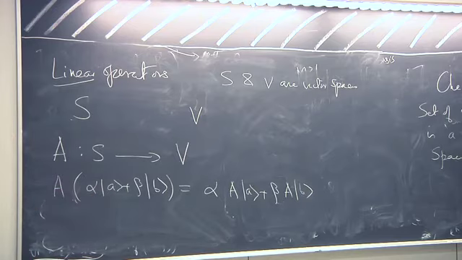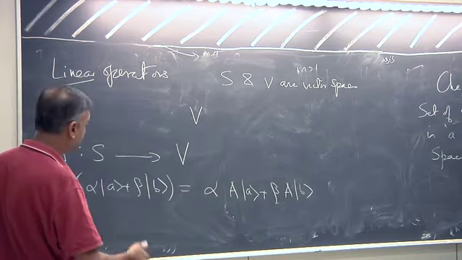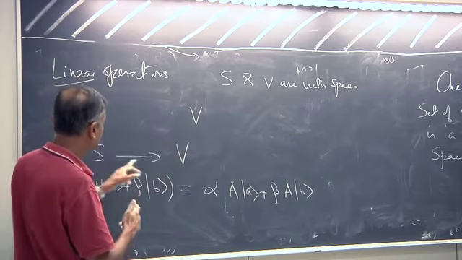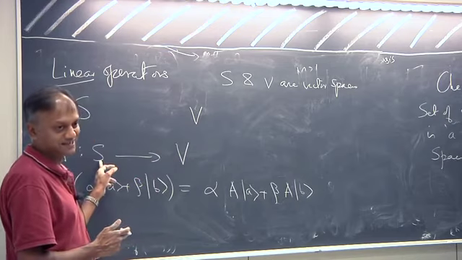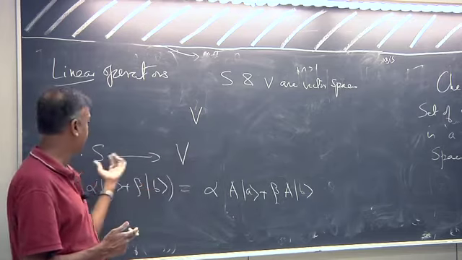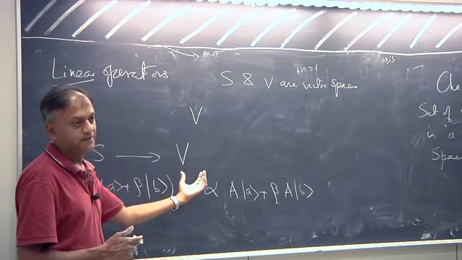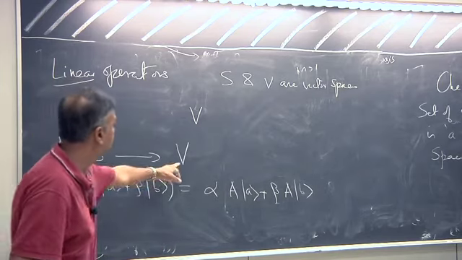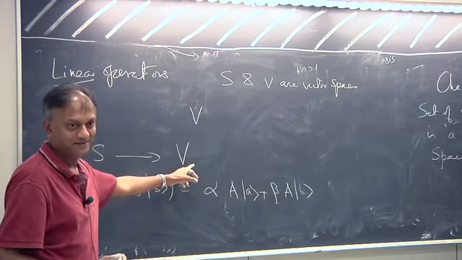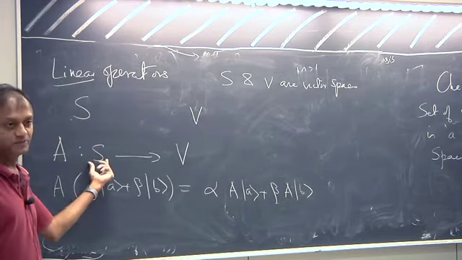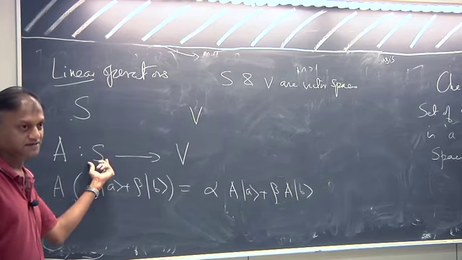Now, in fact, in most of the physical applications, what appears is when V is actually equal to S itself. This is defined for any S and any V, but what appears in physical applications mostly is the case when V and S are the same. So, for example, in quantum mechanics, this S will be the Hilbert space of physical states, right?